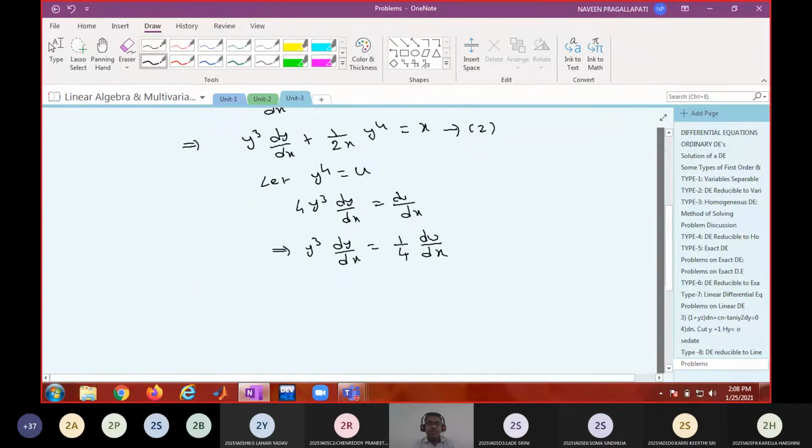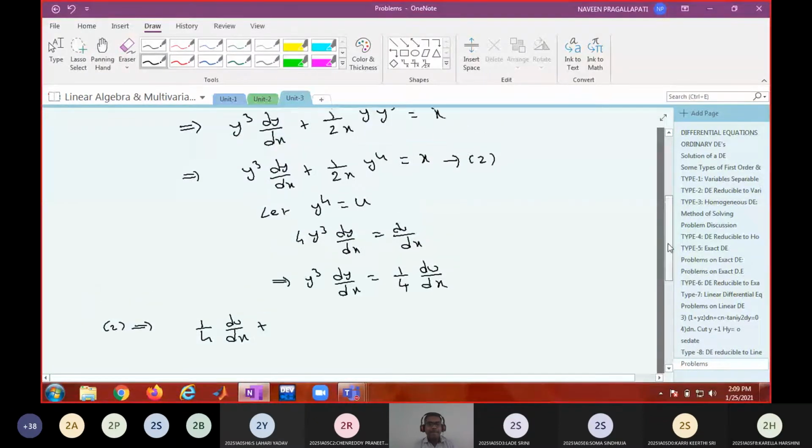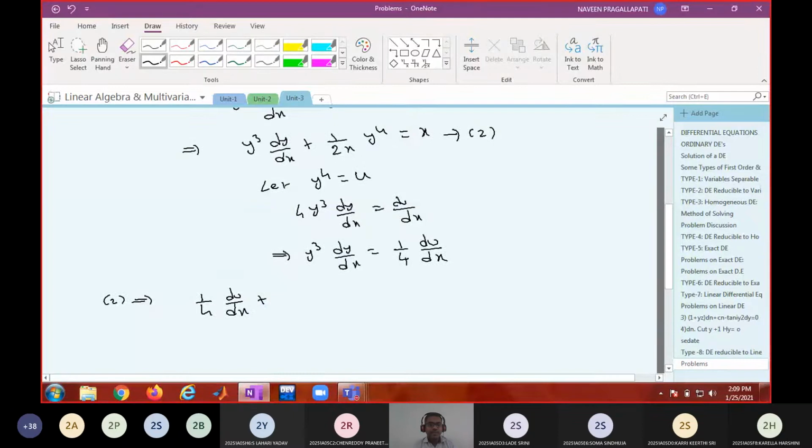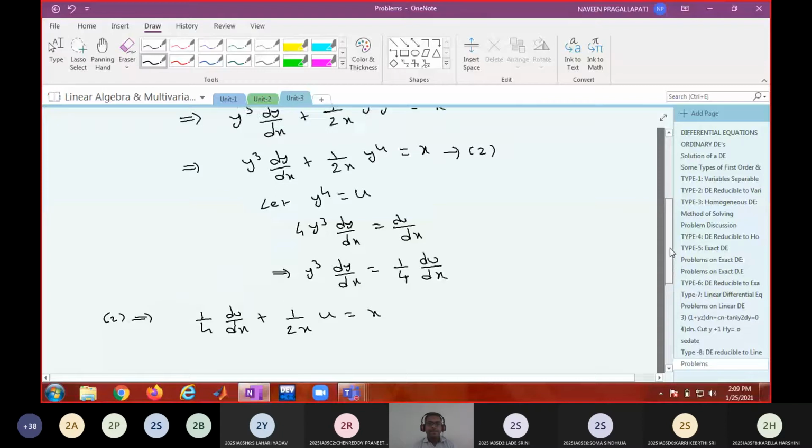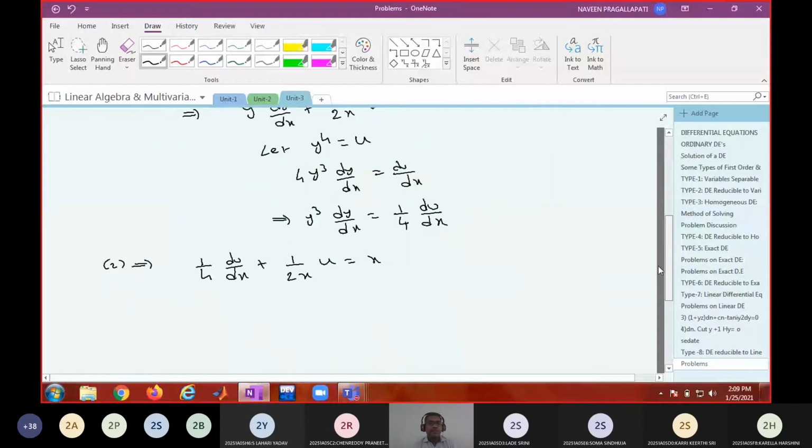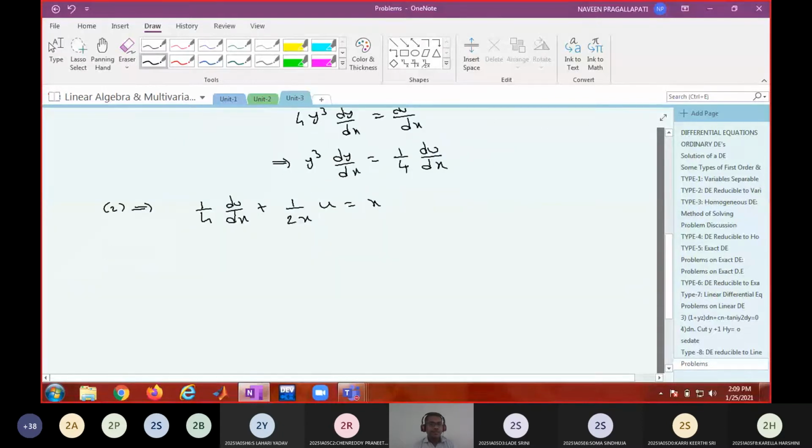Therefore equation 2 becomes 1/4 du/dx + (1/2x) u = x, since y power 4 is u. Is that okay? Next, I have to bring it into standard form.